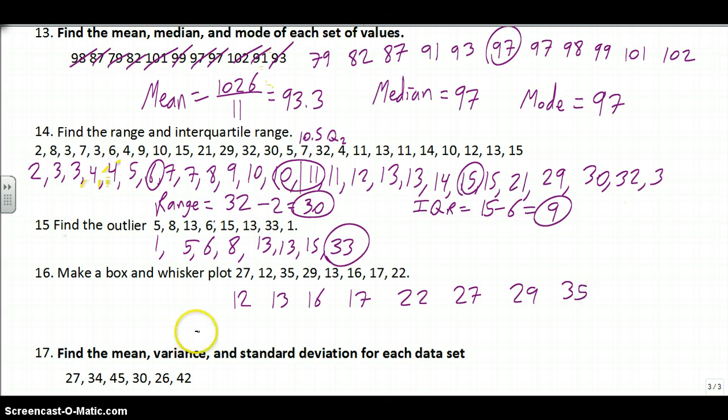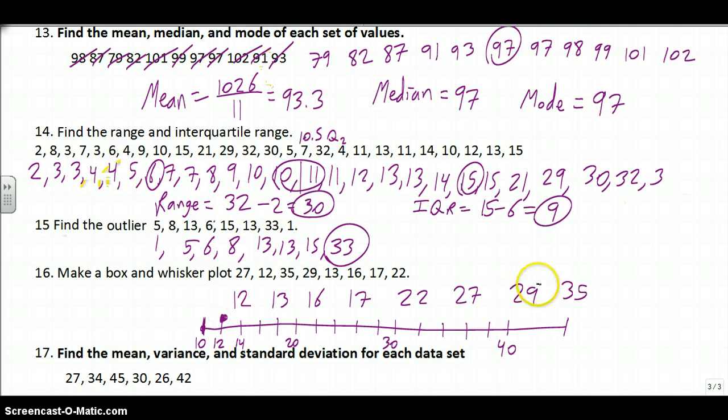It has me put a dot at 12, so we'll go by 2s: 12, 14, 16, 18, 20, 22, 24, 26, 28, 30, 32, 34, 36, 38, 40, and that's all we really need. Dot at 12, that's the lowest number. Dot at 35, that's the highest number.